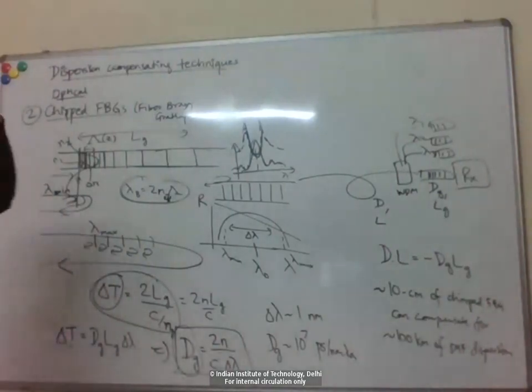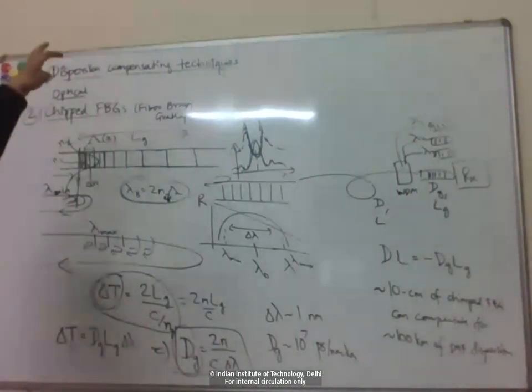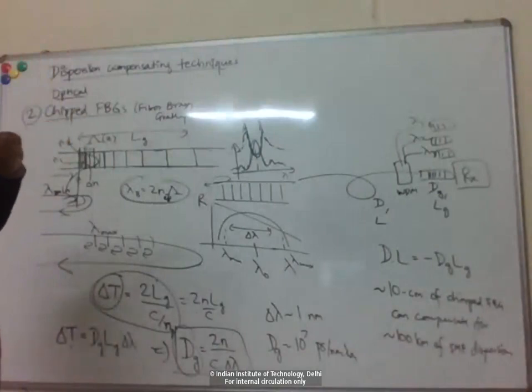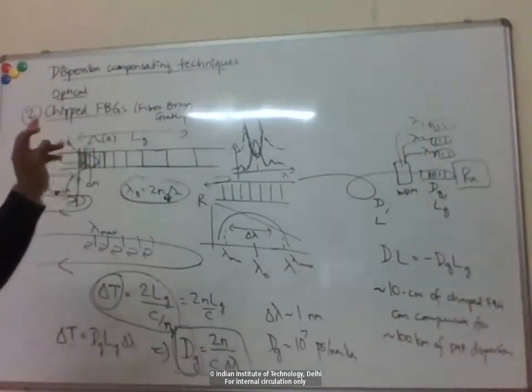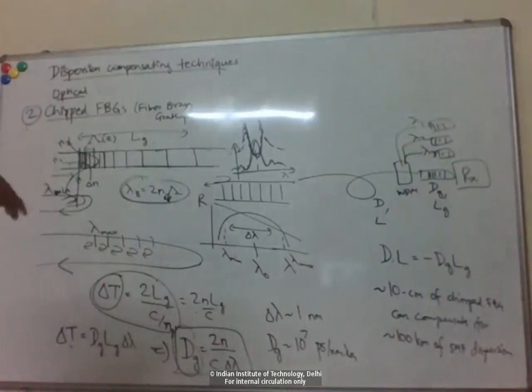Both these optical techniques that we discussed, dispersion compensating fiber and chirped fiber Bragg gratings, can be used irrespective of what your transmitter is. It could be an incoherent source or a coherent source. We saw that the broadening mechanism is slightly different in each case. In the incoherent case, just the source bandwidth determines the broadening.